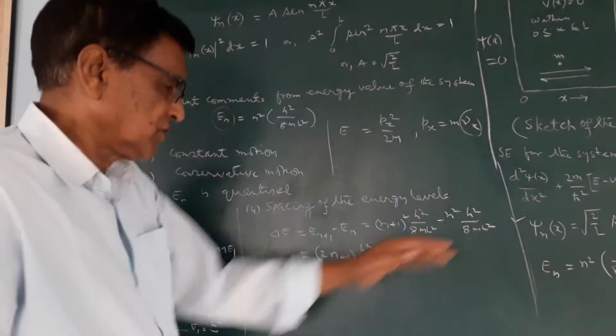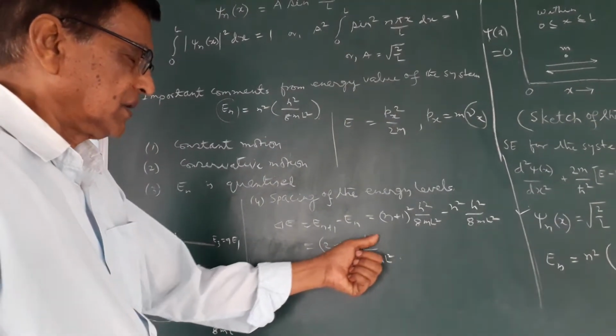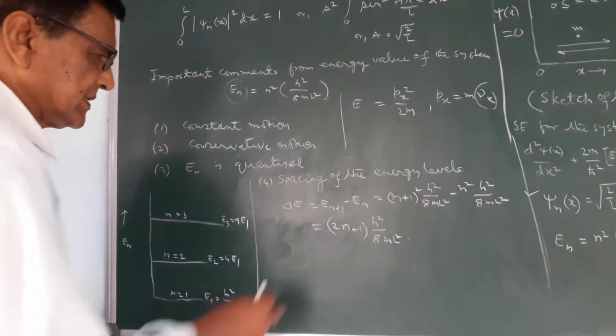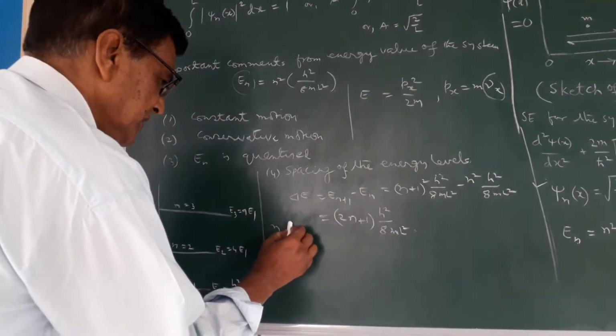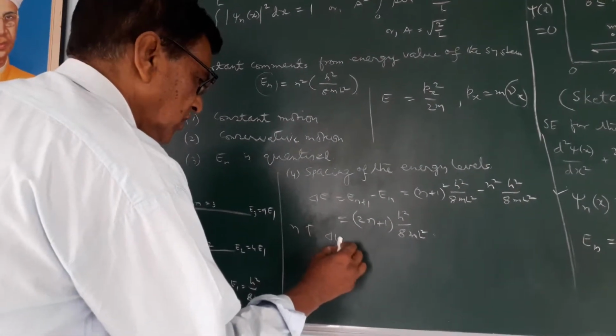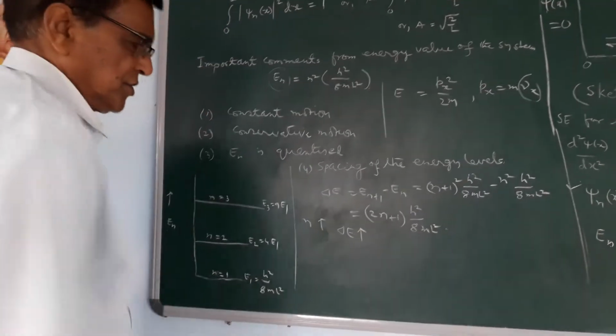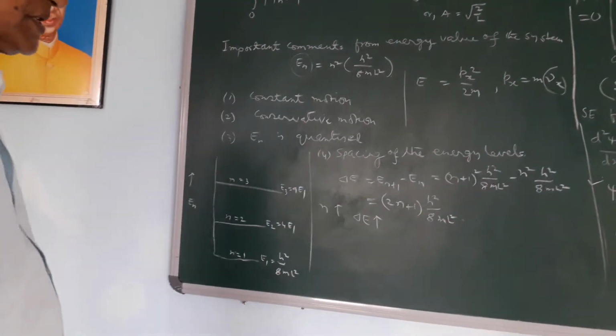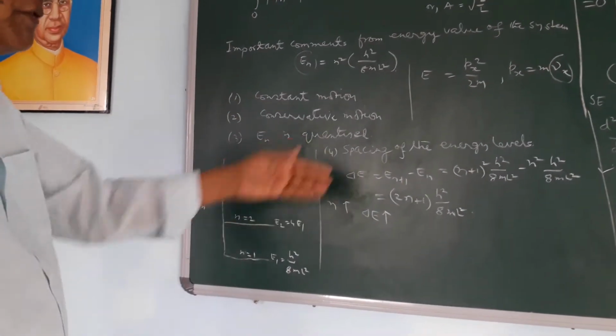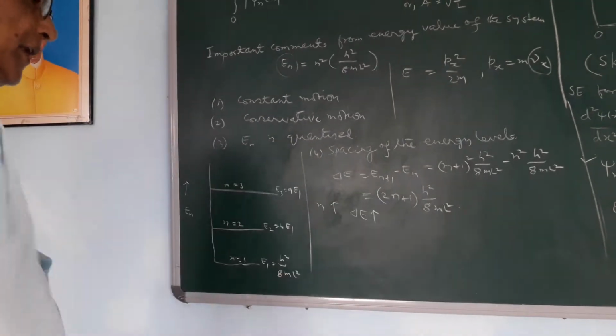So whenever you solve, it is twice n plus 1 into it. So whenever n increases, this delta E also increases, meaning the spacing will increase with the value of this quantum number n.